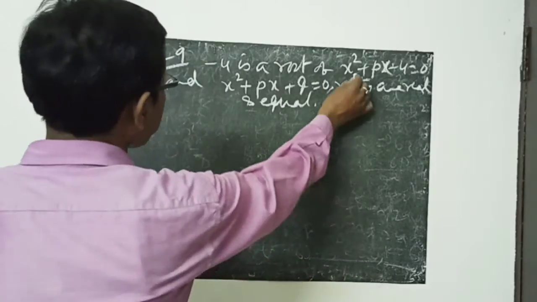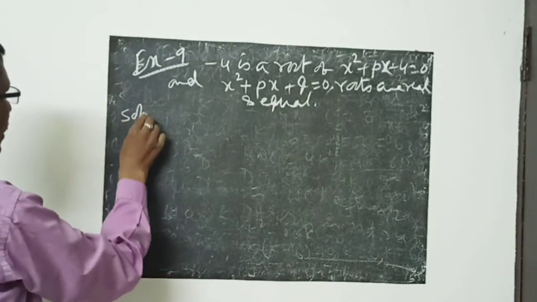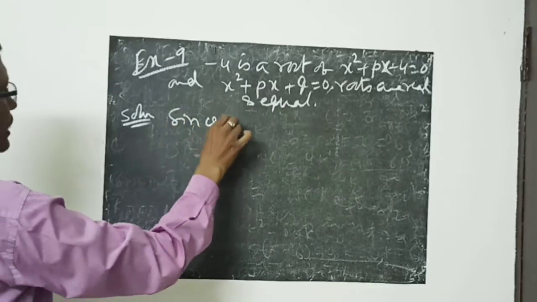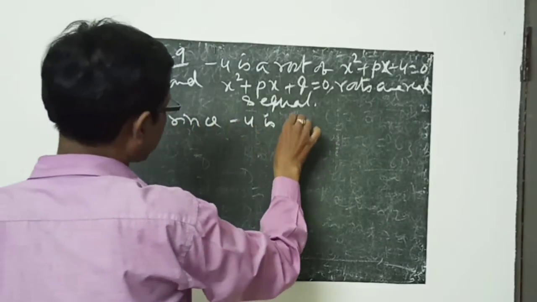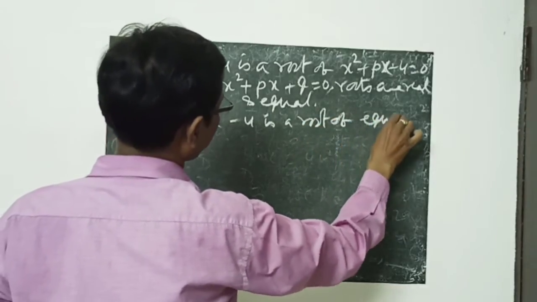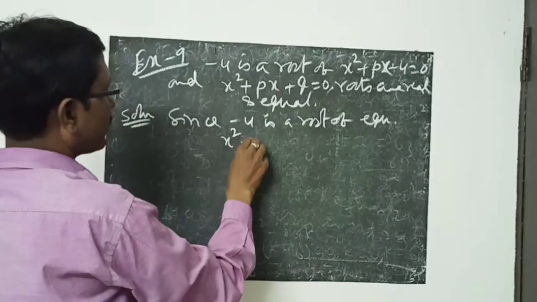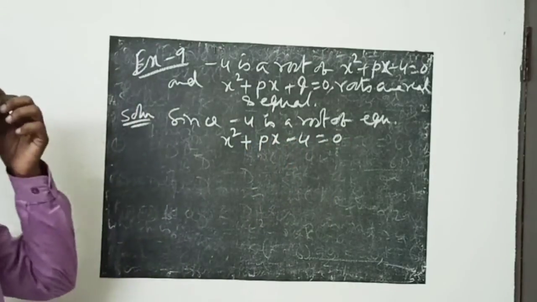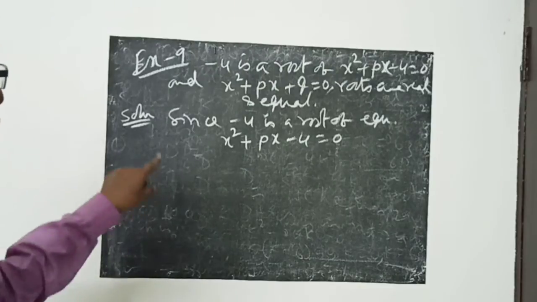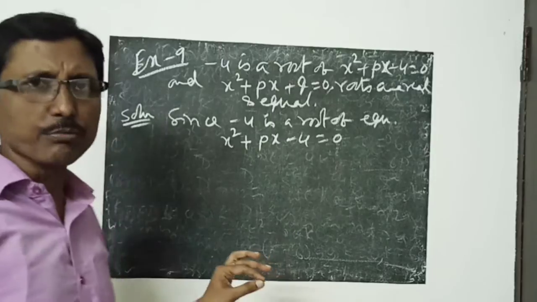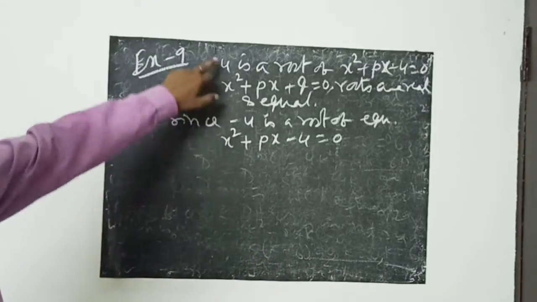Now first of all, how can we find out the values of p and q? See, since minus 4 is a root of the equation x square plus px minus 4 equal to 0, minus 4 will satisfy the equation. That means in the place of x we can write minus 4.